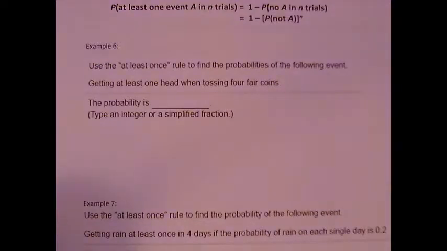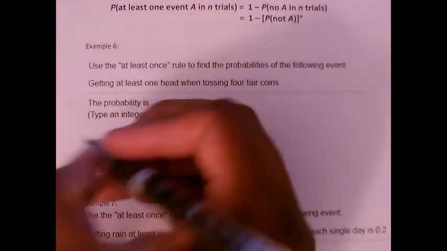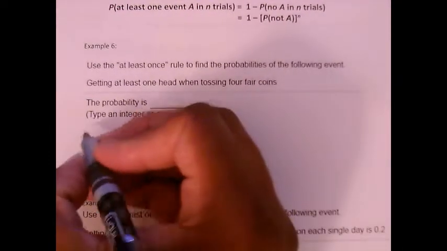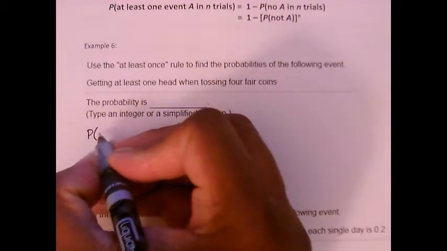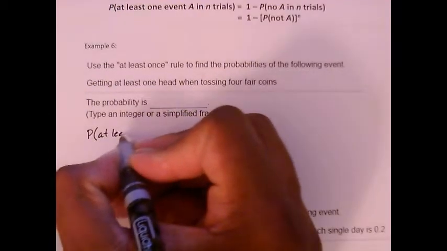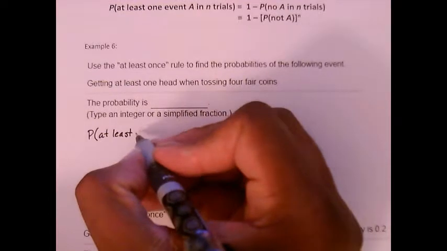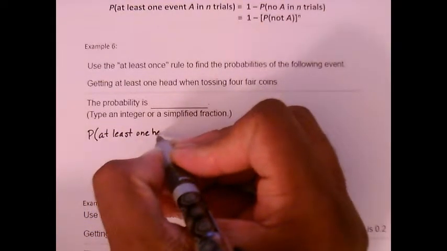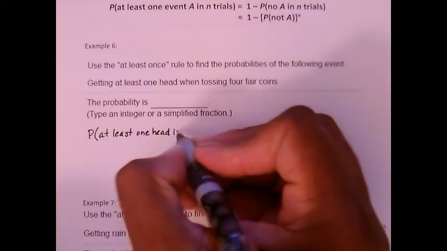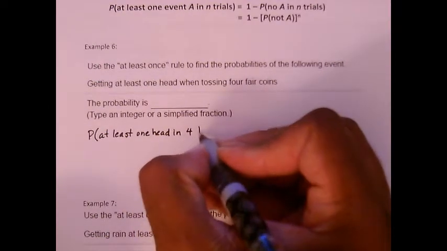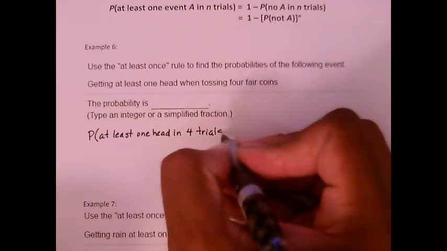Here we're going to use the at least once rule to find the probabilities of the following events. That is, getting at least one head when tossing 4 fair coins. Okay? So here I want the probability of at least one head in 4 trials.